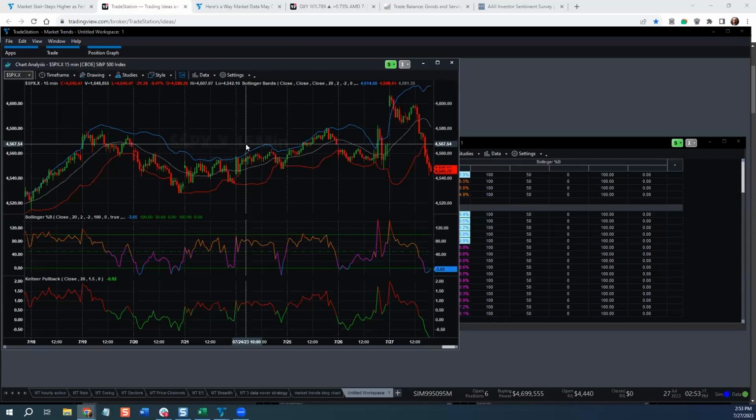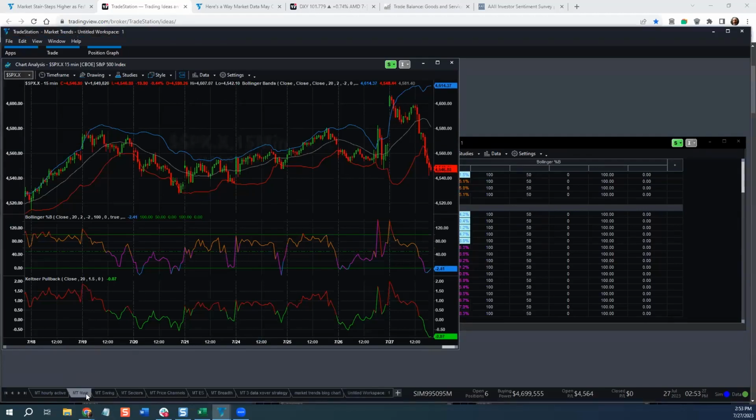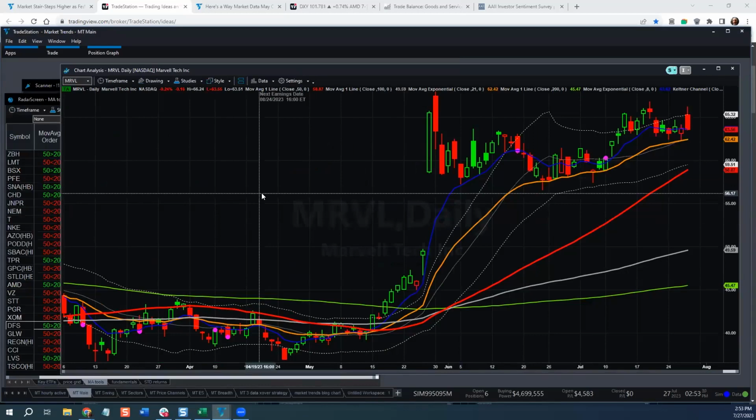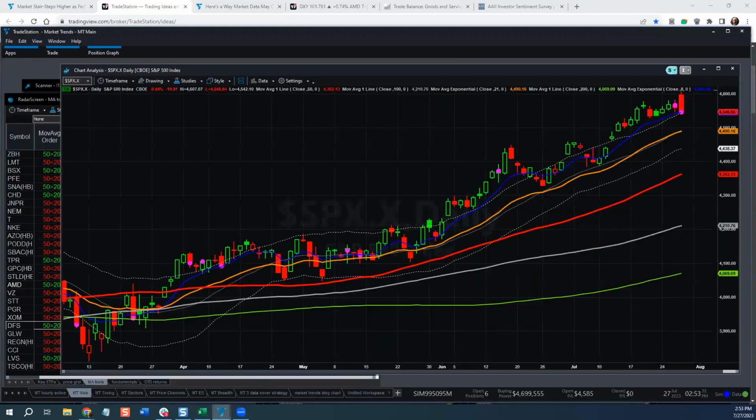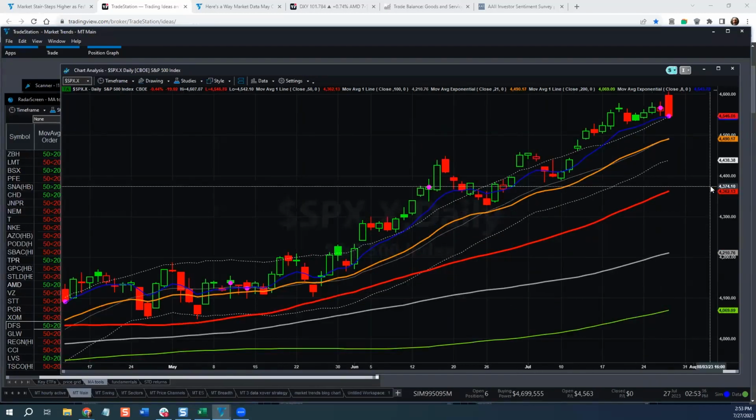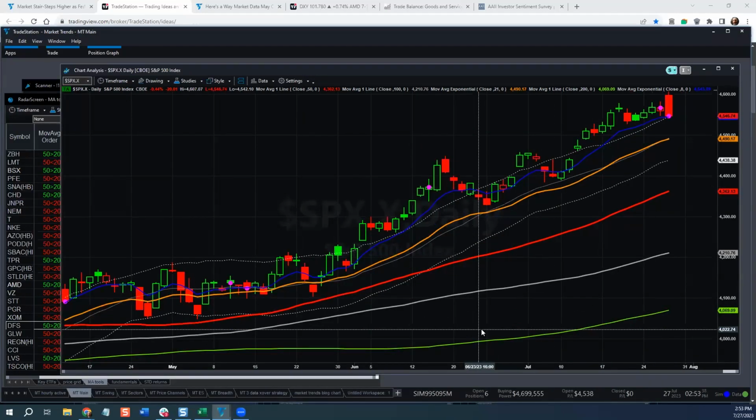And I think that when we're in a market like this, the pullbacks will remain very tight. And if we look back again on the daily chart of the S&P, we're just now at the 8-day exponential moving average.